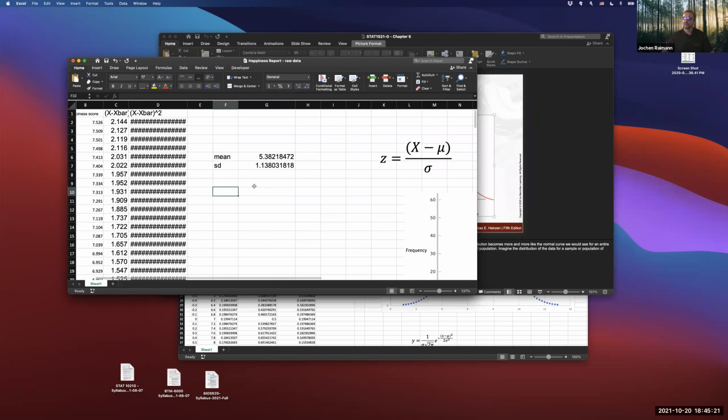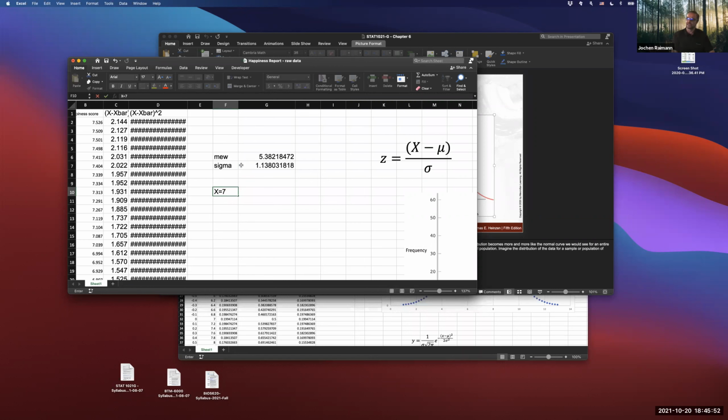So now, let's say we want to have the z-score for a happiness score of 7. How would you calculate that based on that formula? You know the mu, you know the sigma.